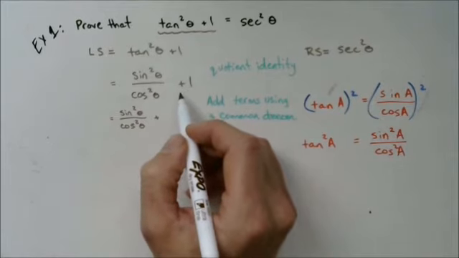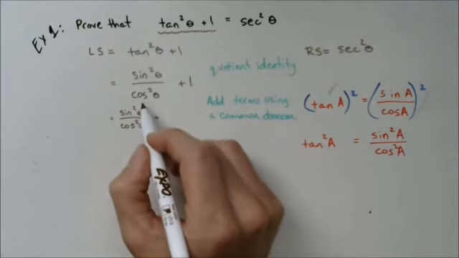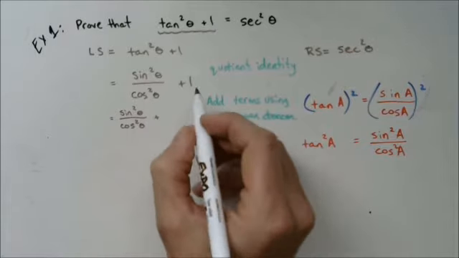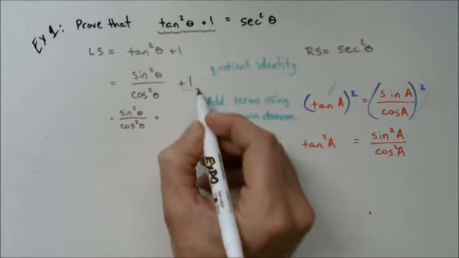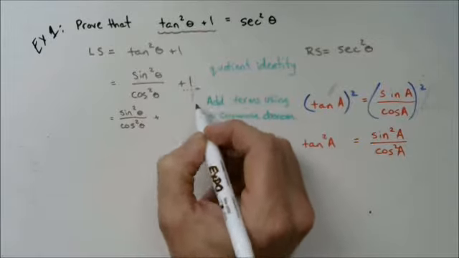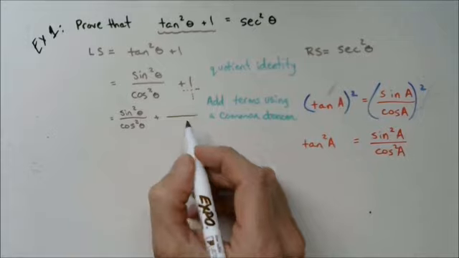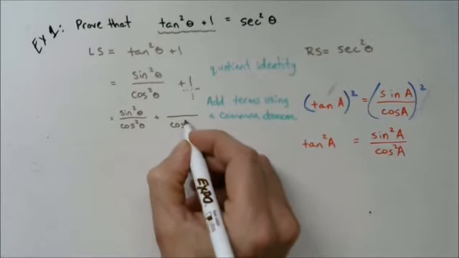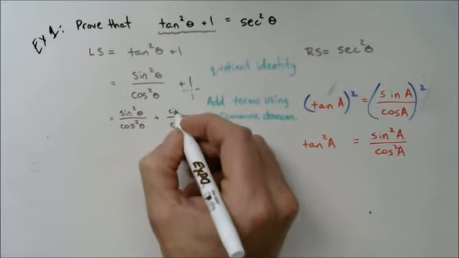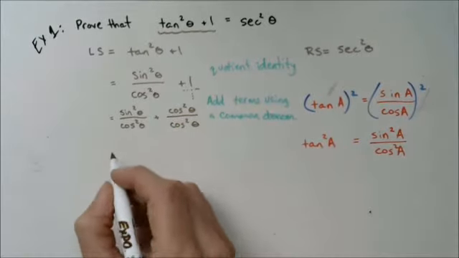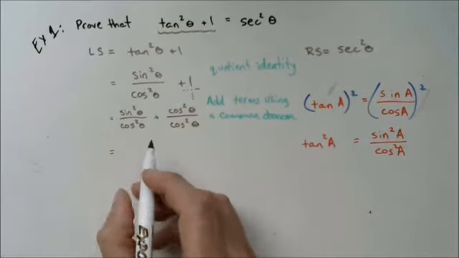And what I'd like to do is express 1 as a fraction over the square of cosine. So if I take this 1 and think of it as 1 over 1, and I multiply top and bottom by cosine squared, I will create a fraction that is equal to 1, but that has cosine squared as its denominator. And now I can add them.